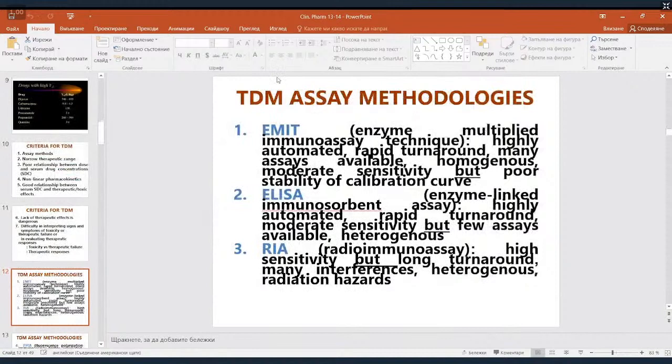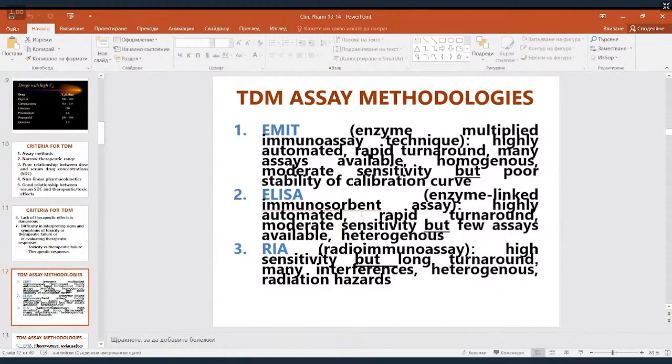What are some assay methodologies to do therapeutic drug monitoring? We have different enzymatic methods like ELISA, which I think you should have seen so far, maybe in your microbiology classes or chemistry or biochemistry classes. ELISA is one of the most commonly used methods, and this means enzyme-linked immunosorbent assay. This is highly automated. There are some machines that do this almost automatically.